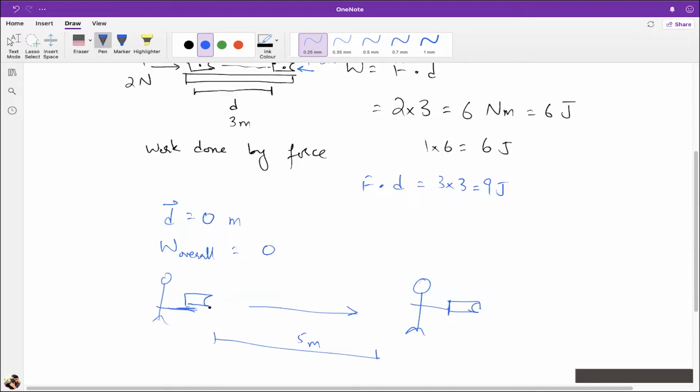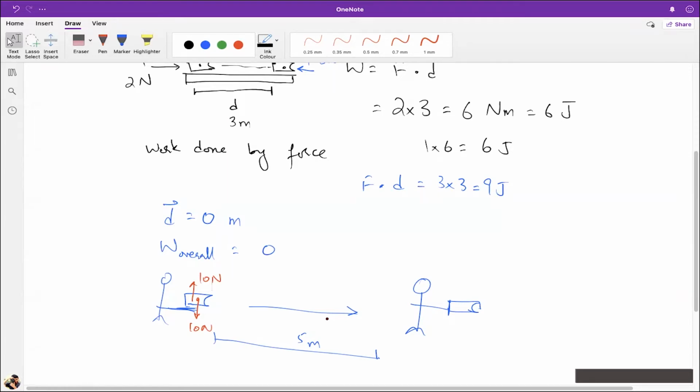Just to hold the book, which has a weight, let's suppose 10 newtons, the student is applying 10 newtons force upwards to cancel that out. So they have applied a force of 10 newtons on the book so that it's stationary, it doesn't fall down or go up, it is in equilibrium, and they have moved 5 meters.